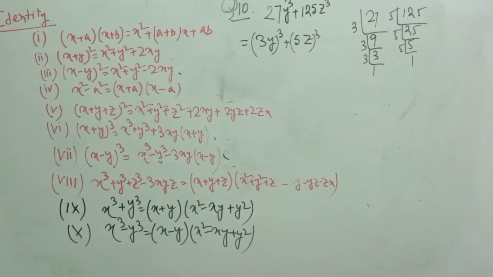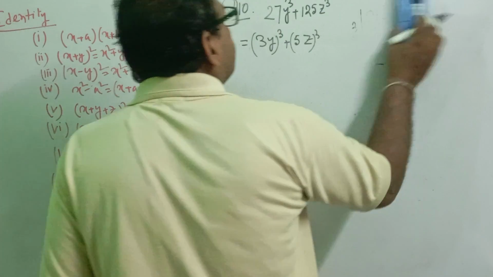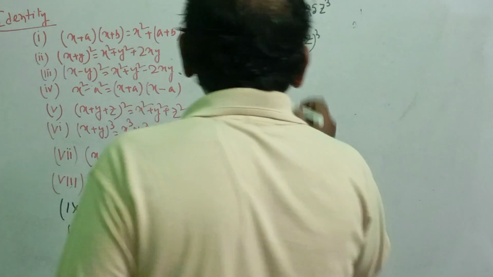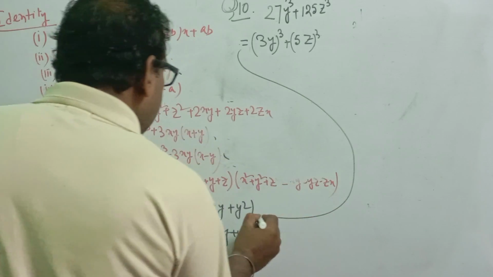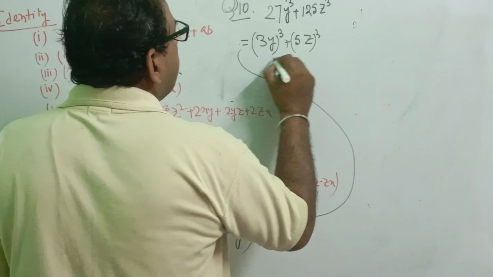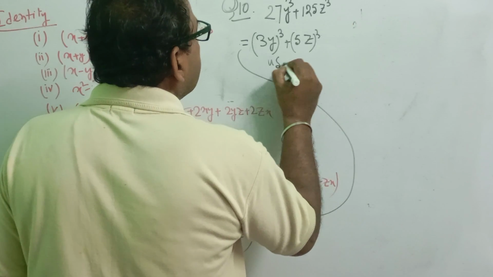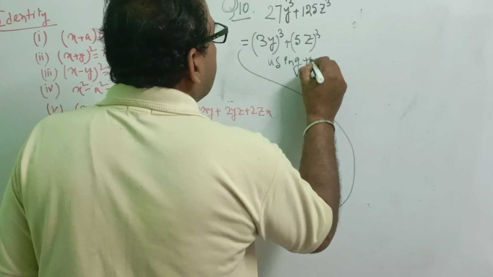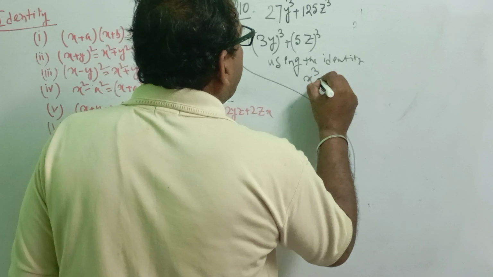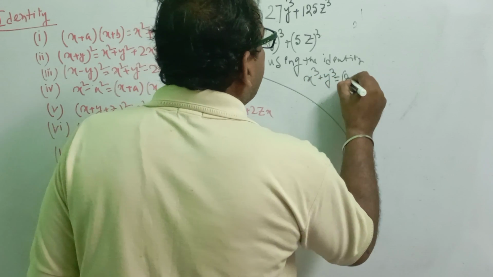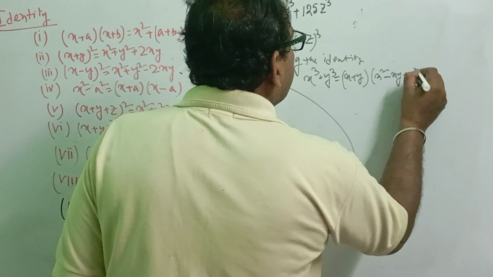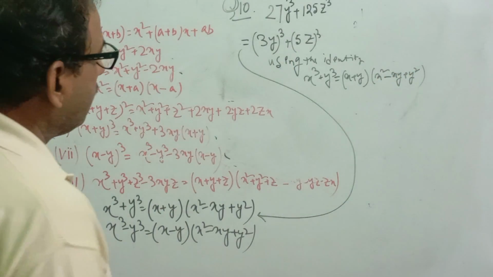Now which identity are we using? We are using this one directly. Using the identity x cube plus y cube is equal to x plus y into x square minus xy plus y square, we can write this.